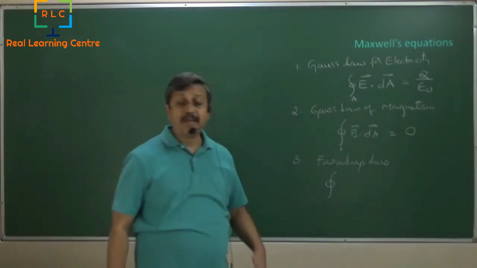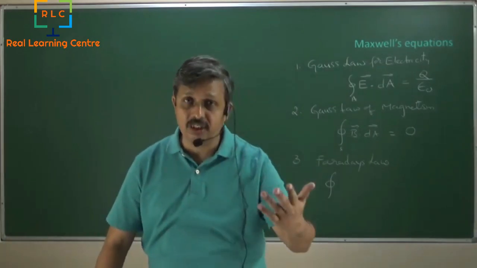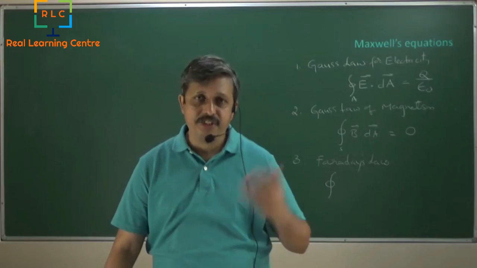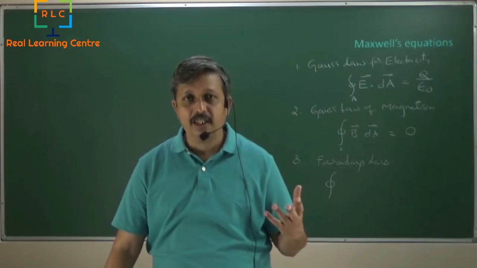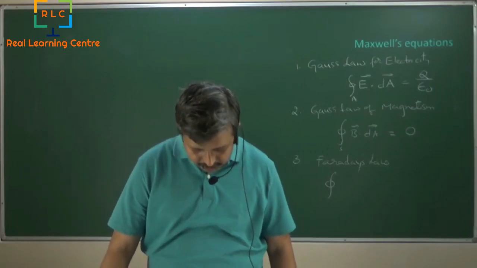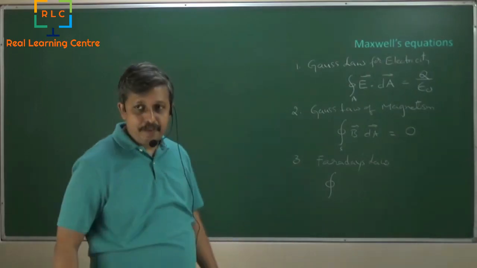So what happens in Faraday's law? In Faraday's law, it's the induction. Induction means you change the magnetic field and you will get the electric current. So in some sense, you create electric field using magnetic field.